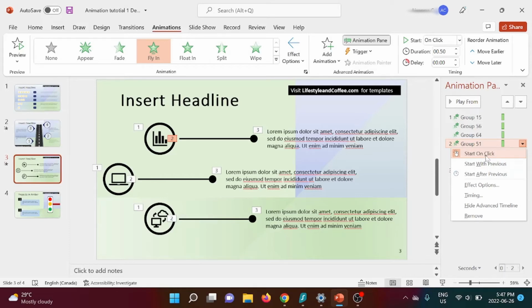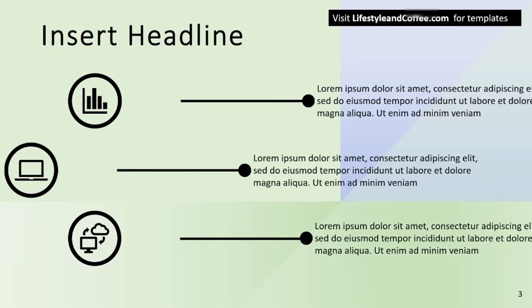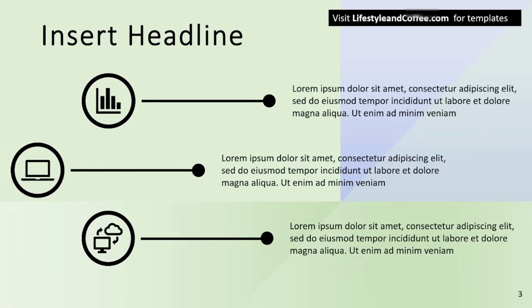For example, if you want to lead the presentation the way you want to, if you want it to come only on click, let this option be start on click. But if you want it to be quick and don't want to click too many times, start with previous. Same thing, text box, start with previous. So let's go again and then let's click. Now everything has come together.